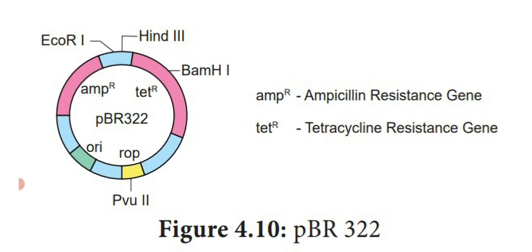Then the pink color denotes two different antibiotic resistance genes named AMP-R and TET-R. Then the green color is ORI, the origin of replication site. In this site only, the rDNA as well as the vector or plasmid is replicated. Then the yellow one is the ROP code, which contains the protein molecule responsible for replication, that means multiplication of the plasmid.